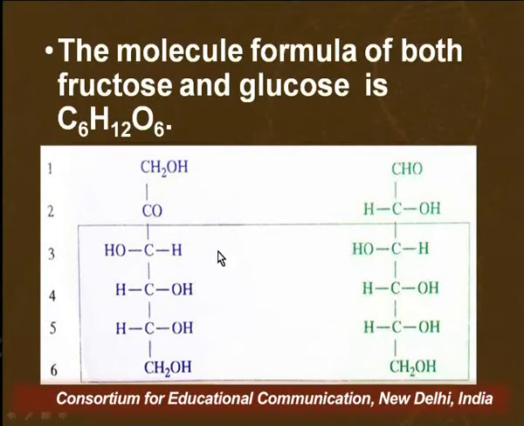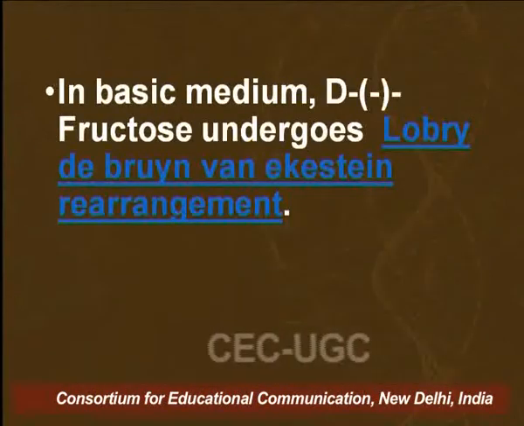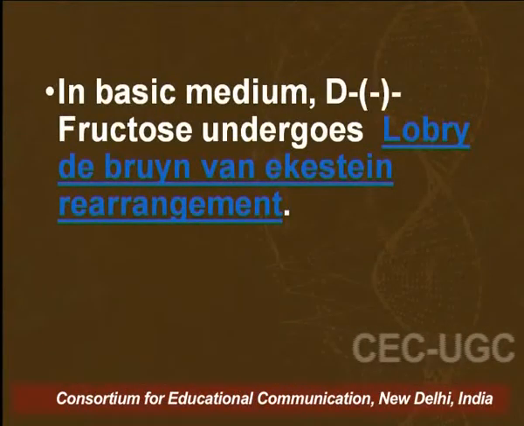Whereas when we compare the configuration of glucose and fructose at the 3rd, 4th, 5th and 6th carbon, we find both have the same configuration. So we can say that fructose has similar properties to glucose with slight modifications. Why is it so?